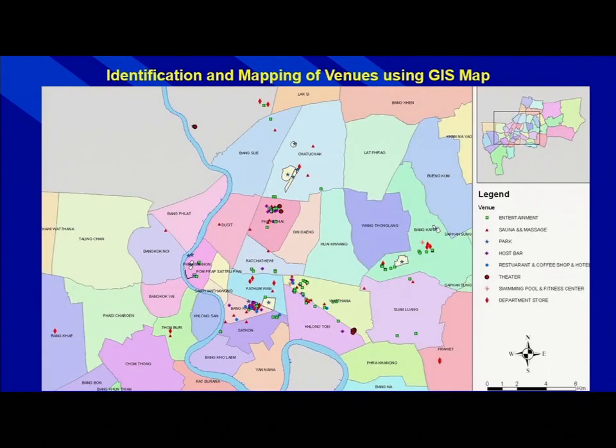And here we have a map of Bangkok, and you can see there are multiple different MSM venues in this case. One area is called Chatuchak. There is another area close to it, called Pradipat.